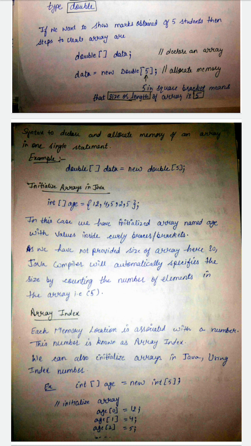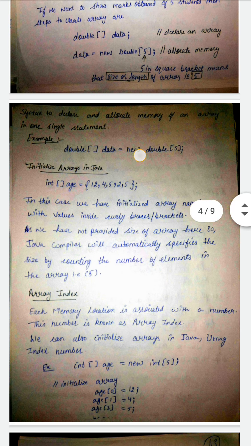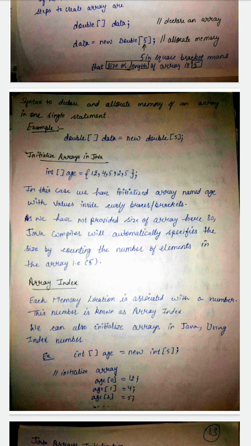Okay, so now initializing arrays in Java. Before, you had not initialized the values; you had created an empty array. So what if you want to initialize the array in the first stage itself, with the values that your array should consist of?